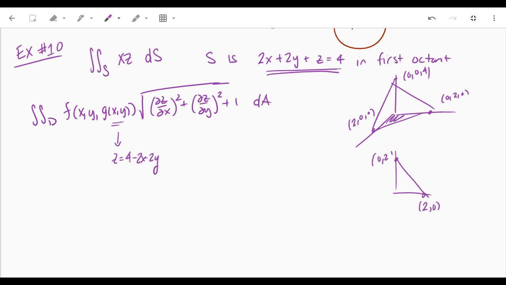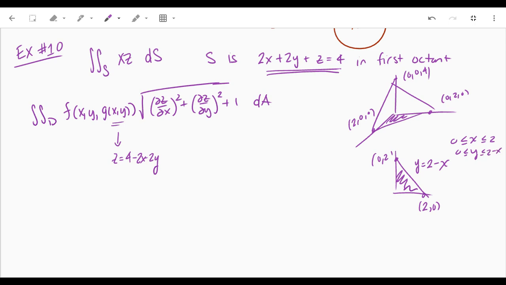We're just taking the same triangle and looking at it here. So this would just be y is 2 minus x. Okay, so x is between 0 and 2, y is between 0 and 2 minus x.